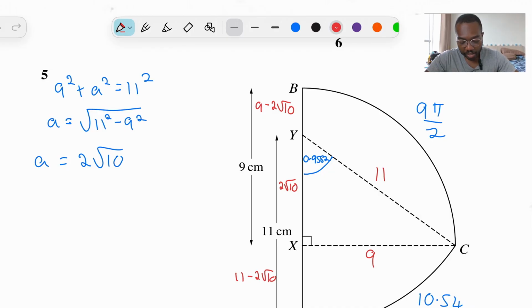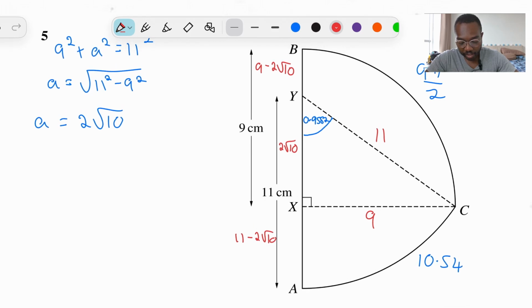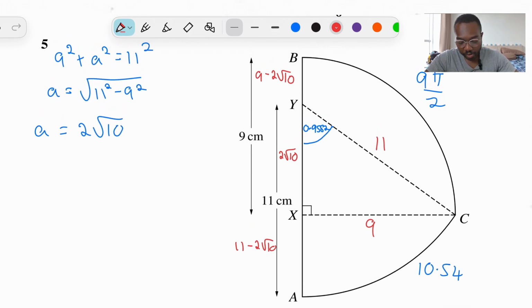So it's up to you how you want to work it out, but effectively the length of AB is 20 minus 2 root 10.